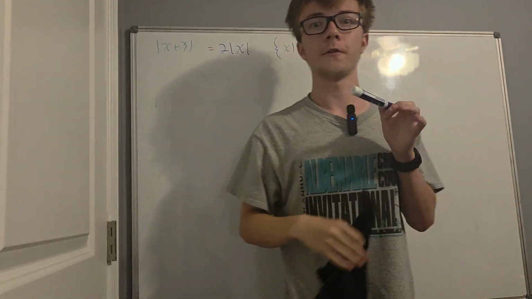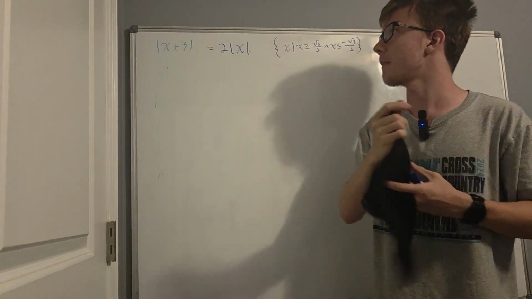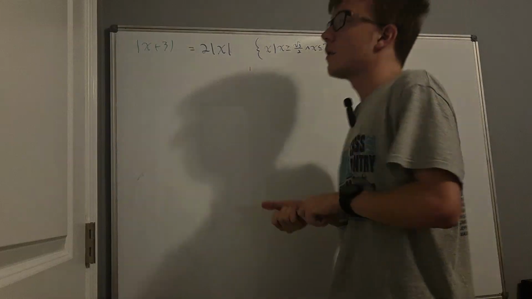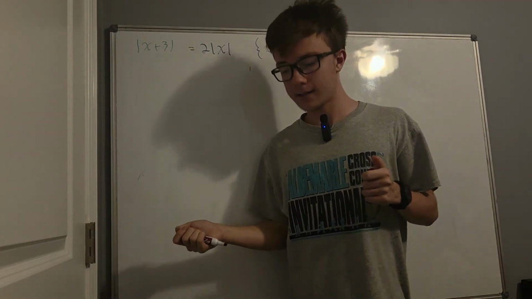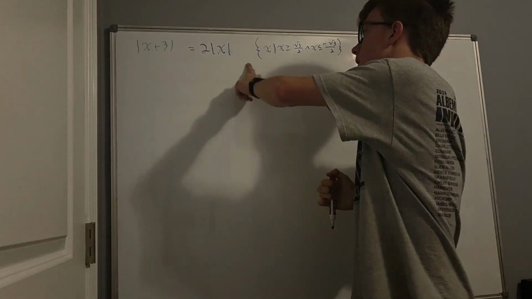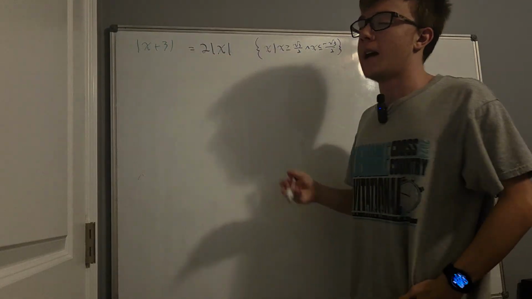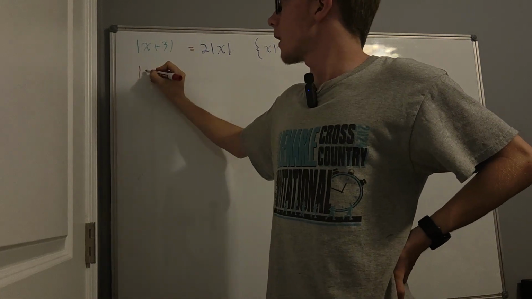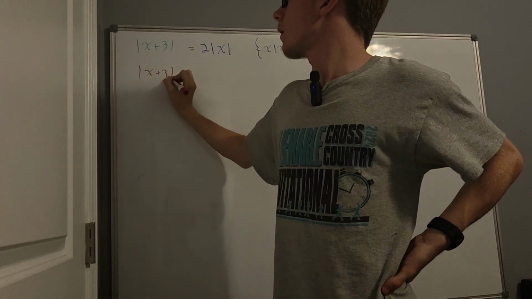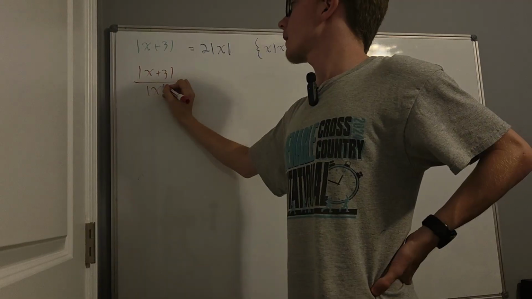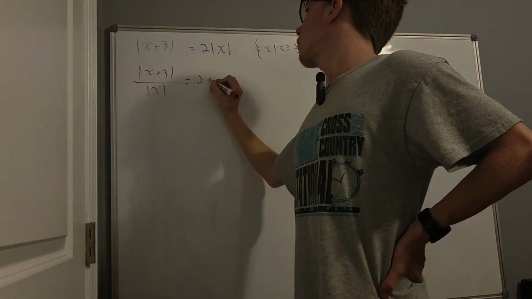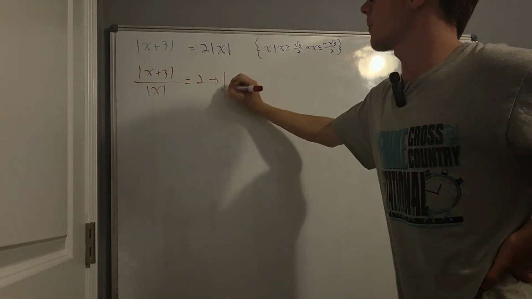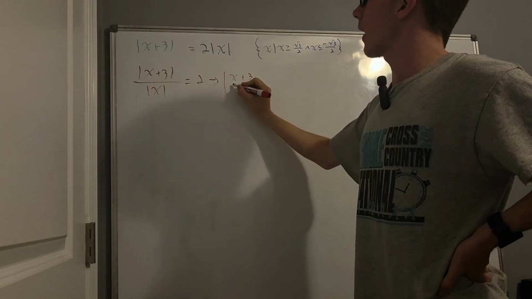Now I'm going to solve this and use a couple of other tricks that make this possible. So now I want to solve for x. And what we're going to do here is we're going to look at this and we're going to divide by the absolute value of x. So we got absolute value of x plus 3 over absolute value of x is equal to 2. We can transform this into the absolute value of x plus 3 over x.